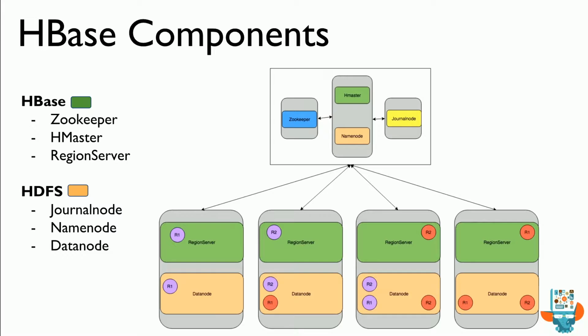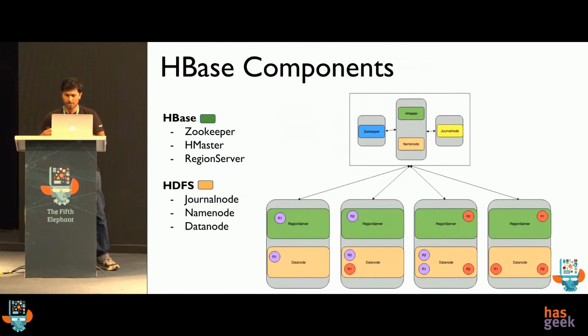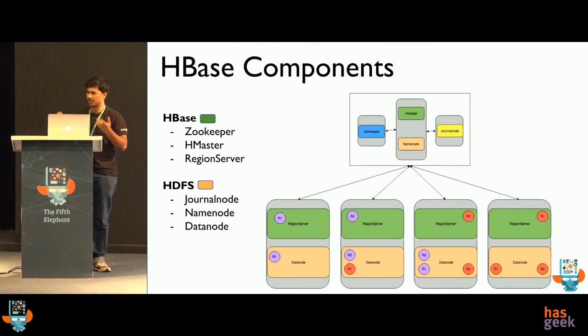Largely, when you use HBase, the way you use it is you create tables. Like in this diagram, there are two tables: one which is the circles coated red in color, the other which is the one in purple. When you create a table, you basically partition the data in this table in the form of what are called regions. The circle dots you see on the green boxes are nothing but regions.